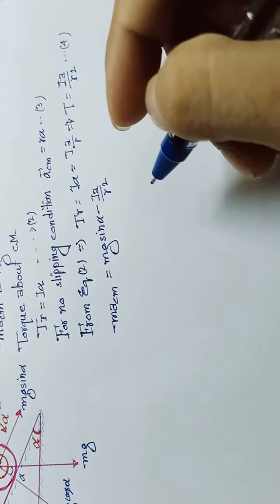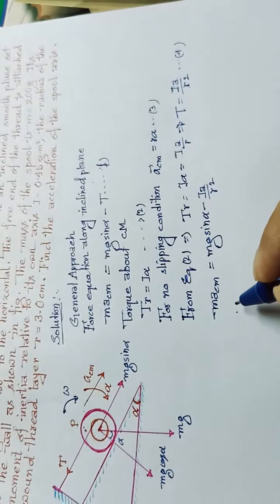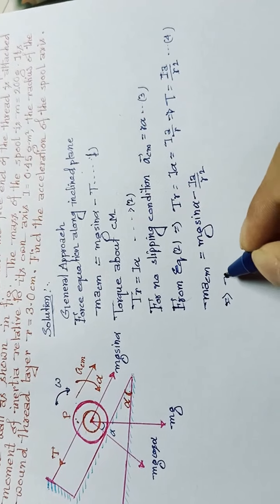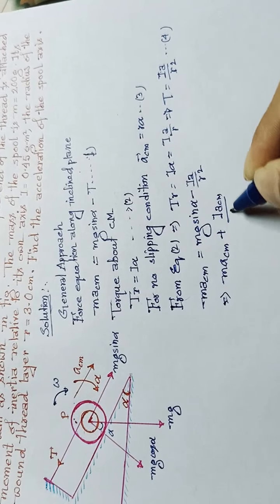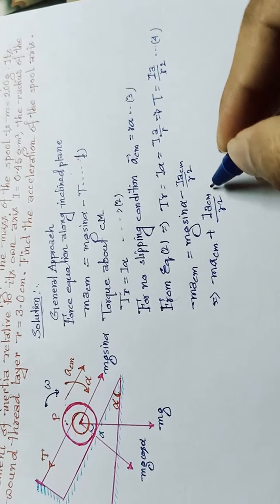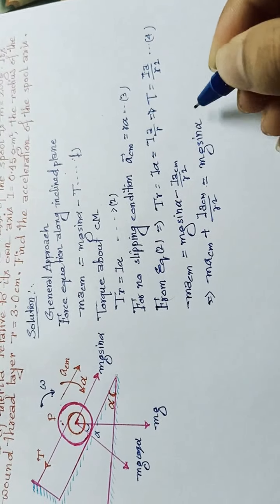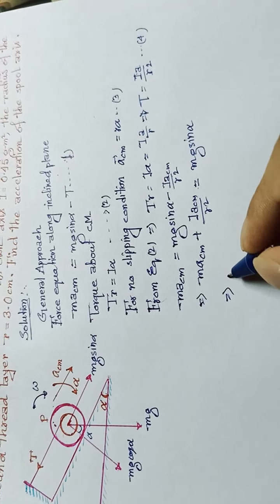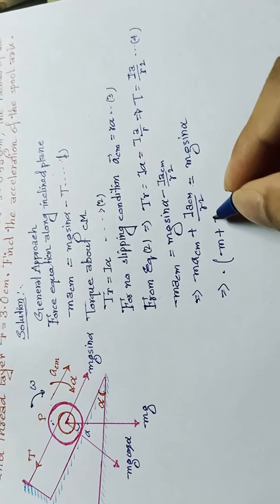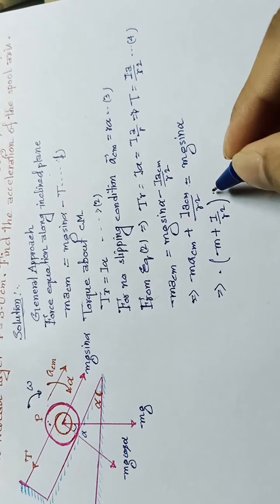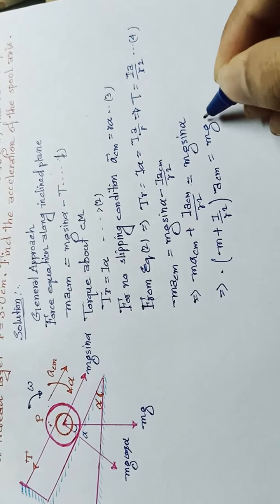Now we will collect all the acceleration terms on one side. Then our equation will become m a_cm plus I a_cm divided by R square equals mg sin alpha. If we take a_cm as common, we get m plus I divided by R square, into a_cm, equal to mg sin alpha.